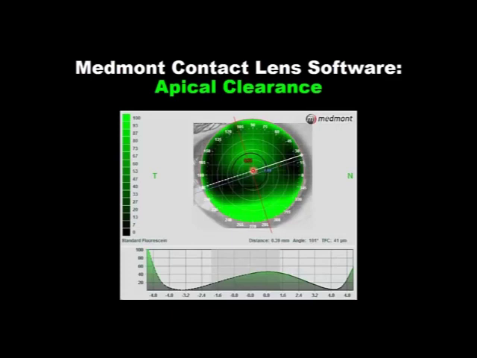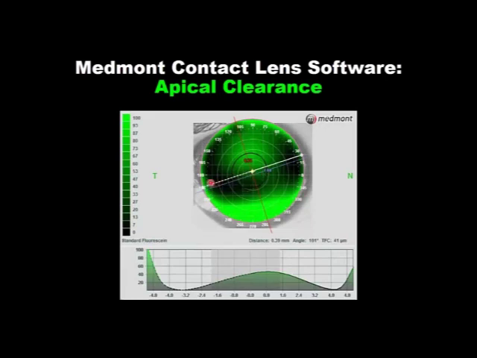So let's use the contact lens software. Select a lens that gives us somewhere around 30 to 40 microns of apical clearance in the diseased eye, 20 to 25 in the normal eye. So what we want to see is that that lens has enough clearance at the center to be able to clear over the cone here.